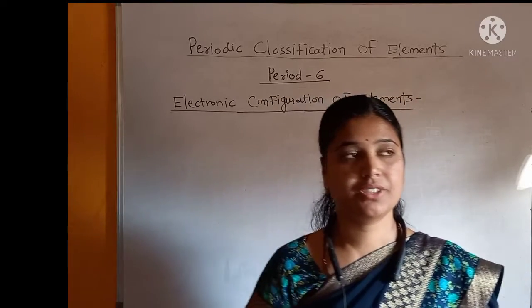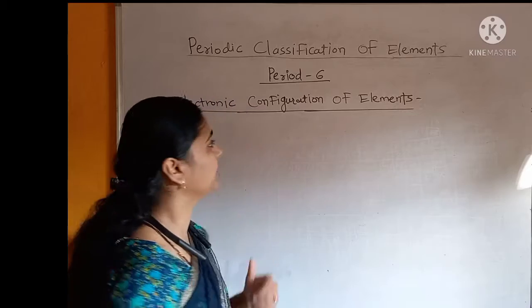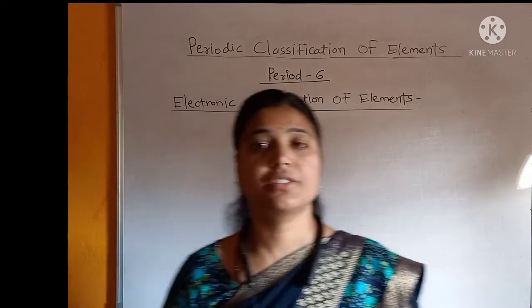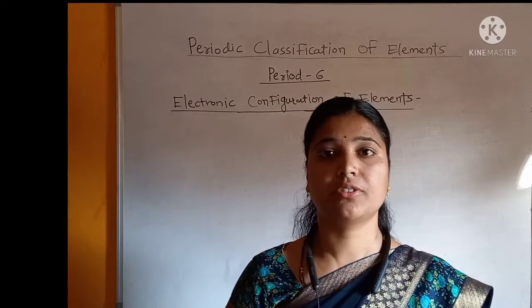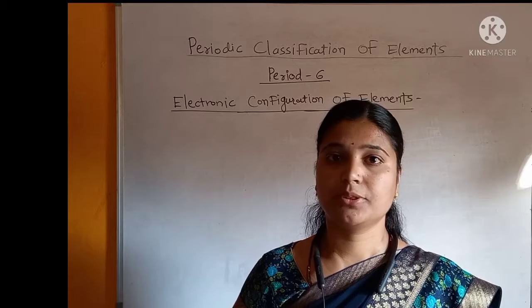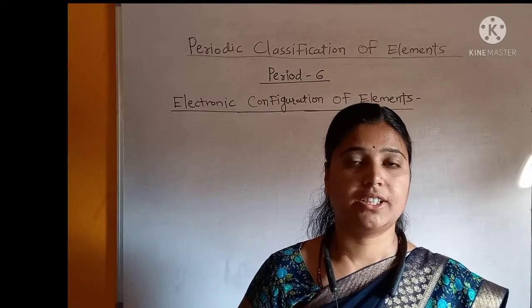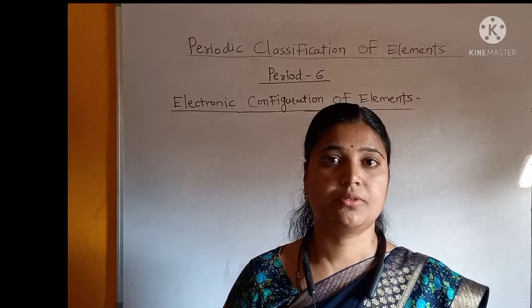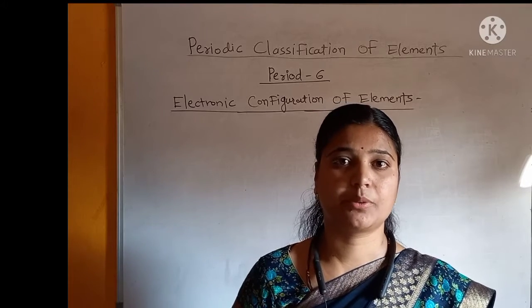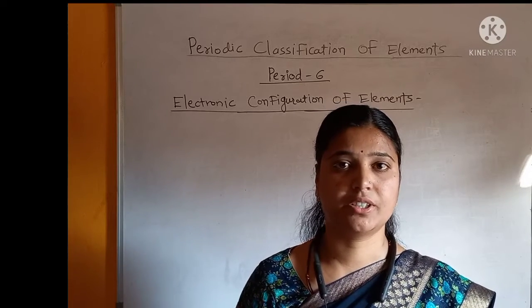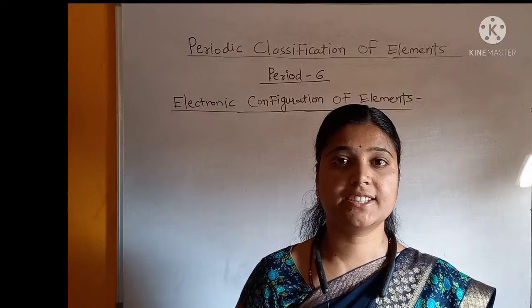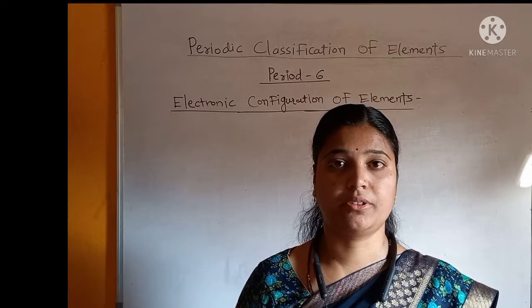So now we start our topic, the electronic configuration of elements. First, understand the meaning of electronic configuration. We know that in the nucleus of an atom there are protons and neutrons, and around it the electrons are revolving in different orbits. So where exactly is the position of an electron?